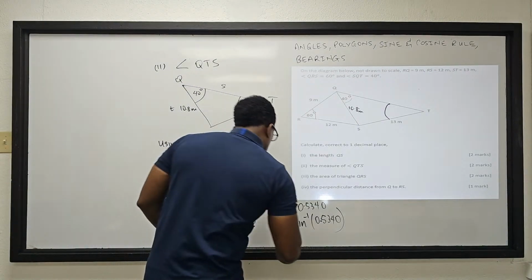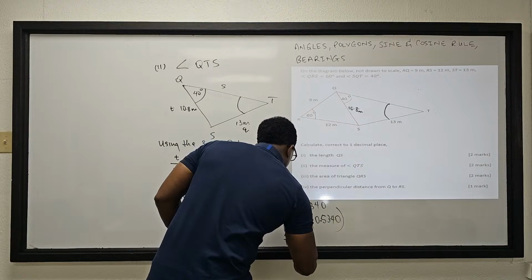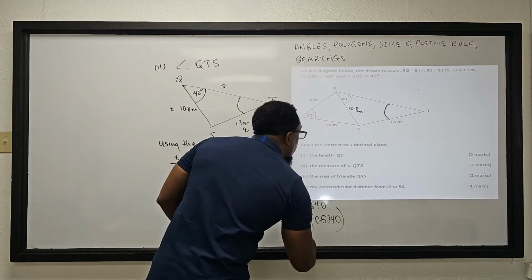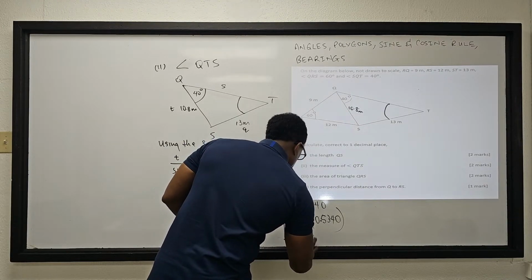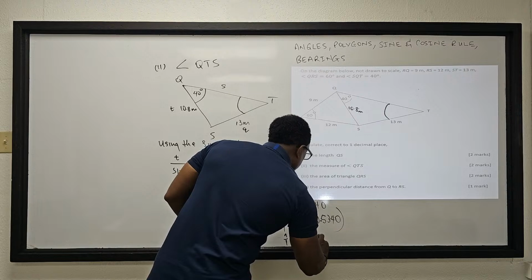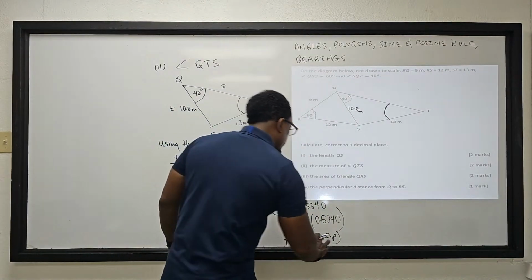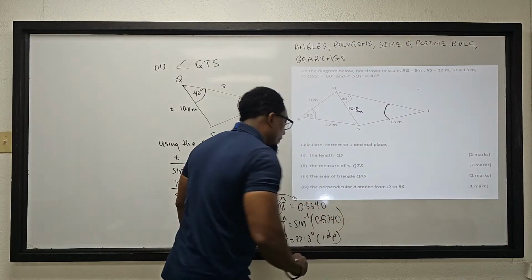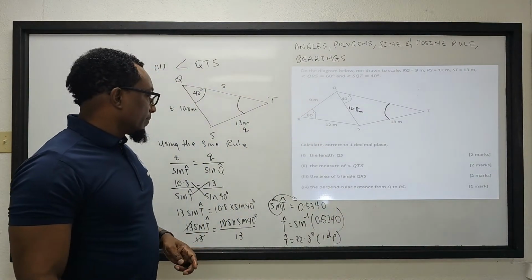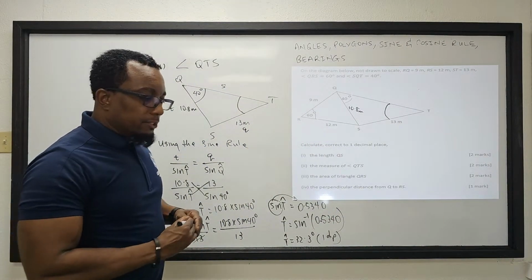That gives us 32.3 degrees to 1 decimal place. But I want us to put it to 1 decimal place, 1 dp. Yeah?